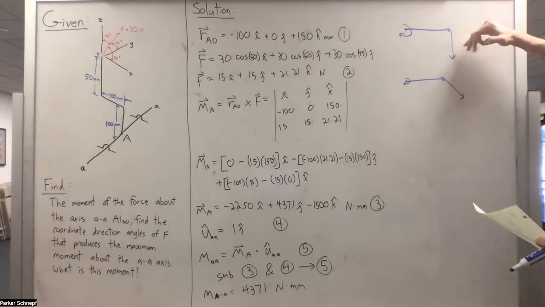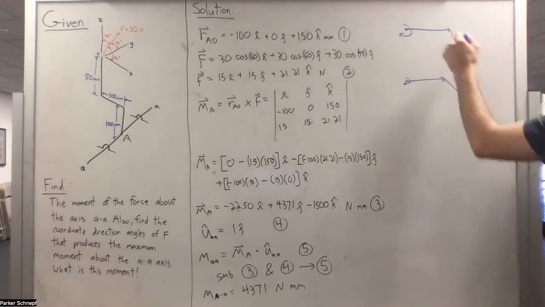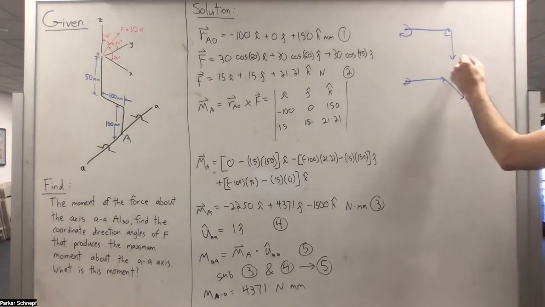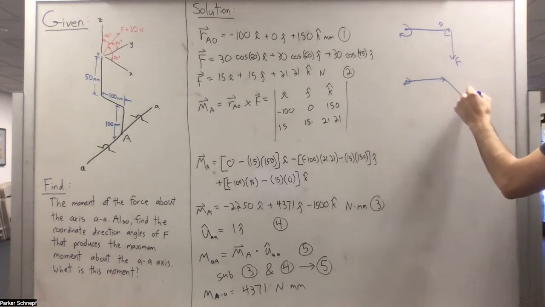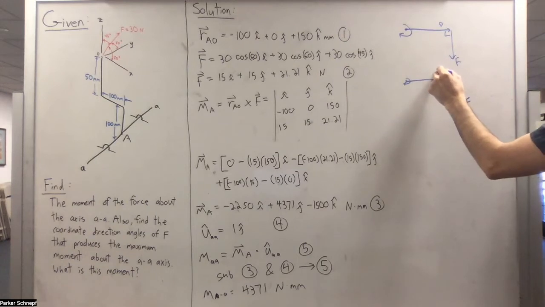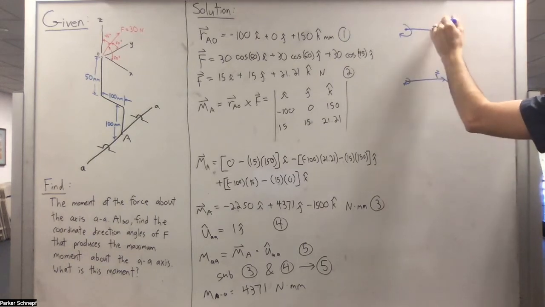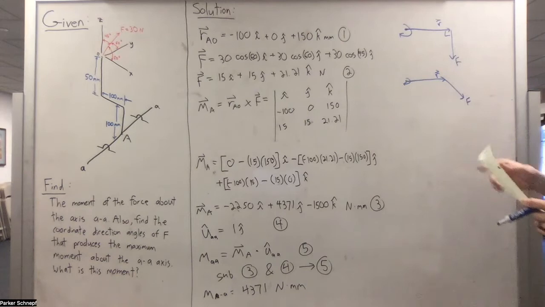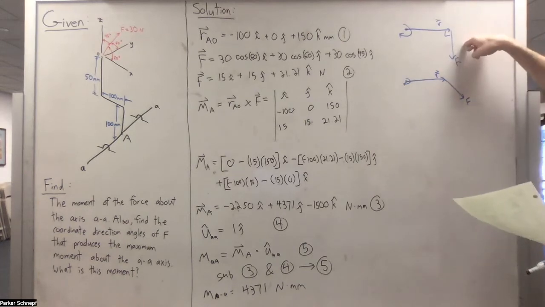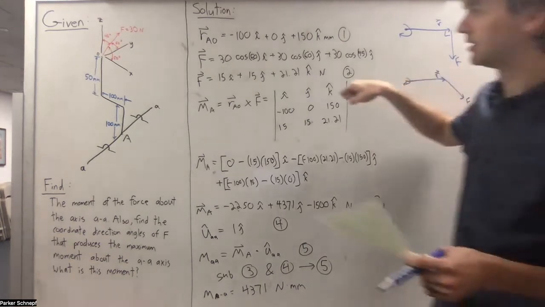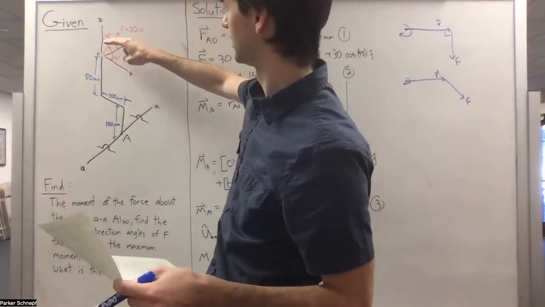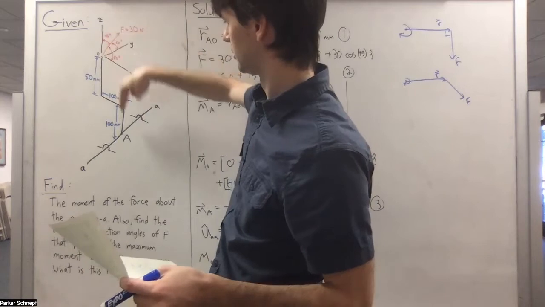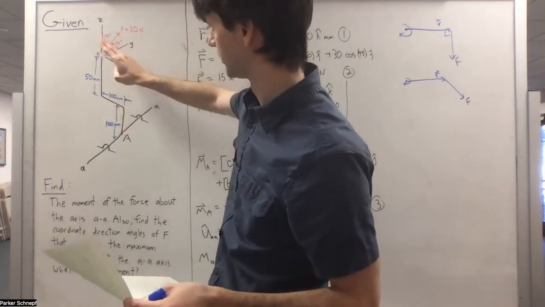So when this force is perpendicular to the position vector, this will be bigger. We already know our position vector. We need to find the force that makes it perpendicular to that position vector.